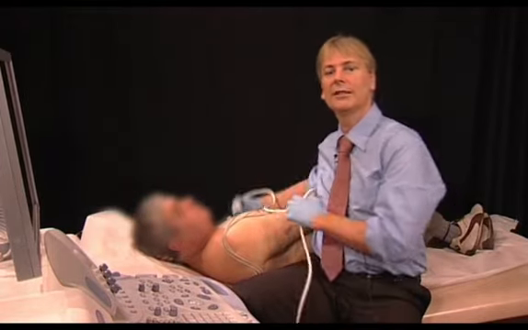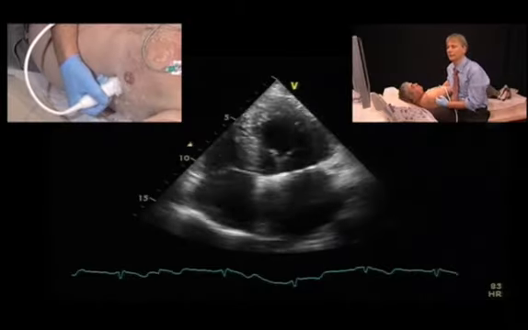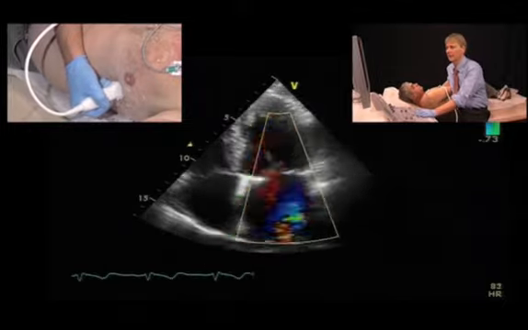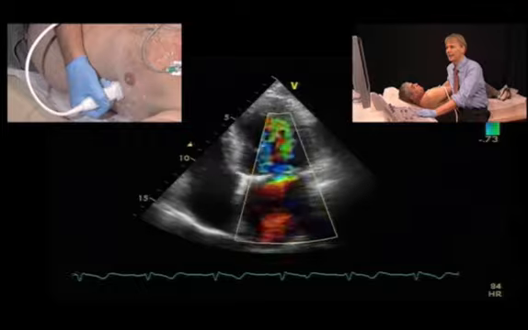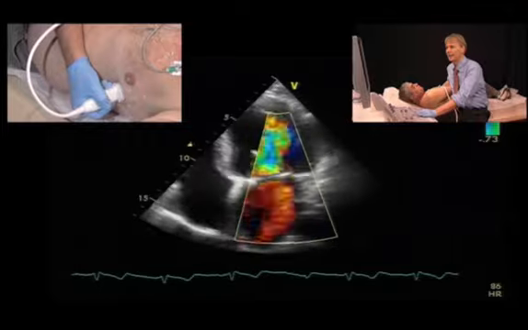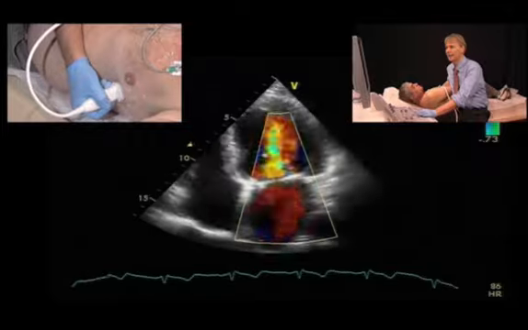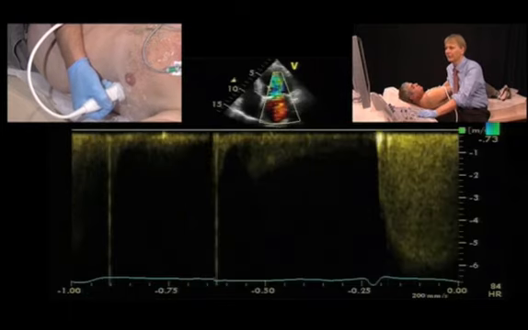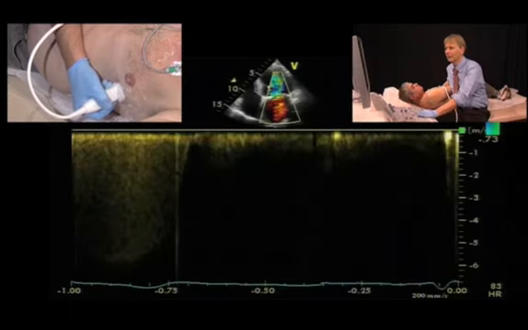What we need for a good dP/dt is a good regurgitant signal, and this patient has such a good regurgitant signal in that the MR is very centrally localized and not eccentric in its direction, very nicely oriented to the ultrasound beam. We then place the continuous wave Doppler spectrum right through the regurgitant jet.